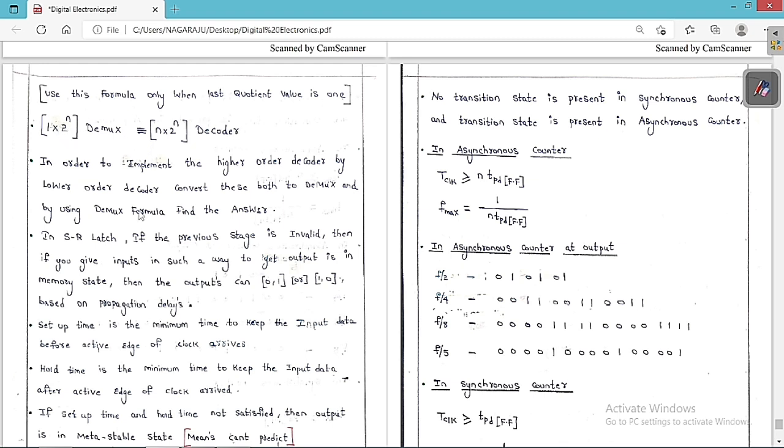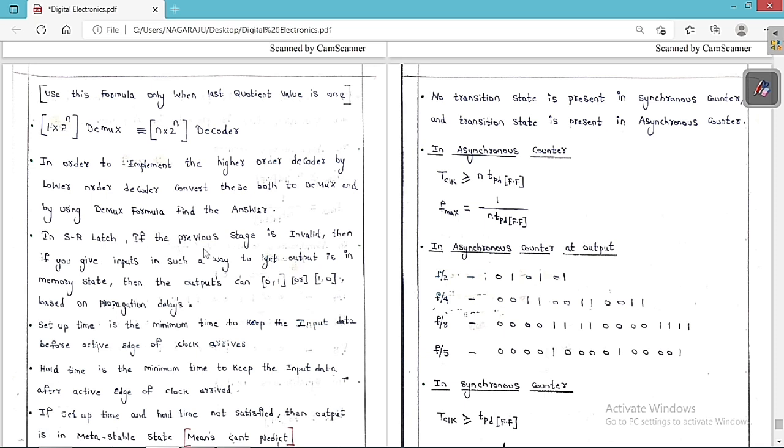So you are going to get the answer. Suppose they give a higher decoder and I want to implement it in terms of lower order decoder. First convert in terms of the corresponding DMUX and then use the DMUX formula which I have already told you, and try to figure out the value.